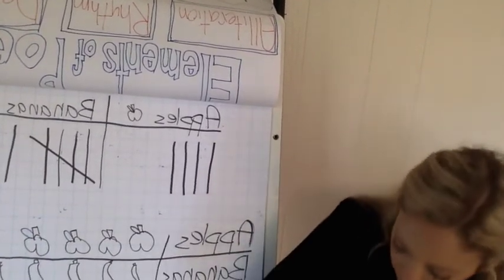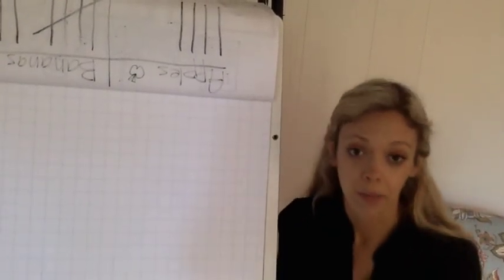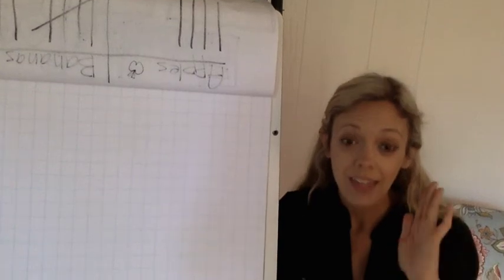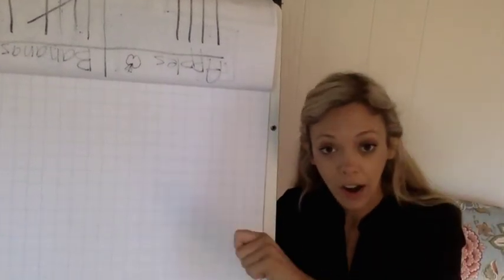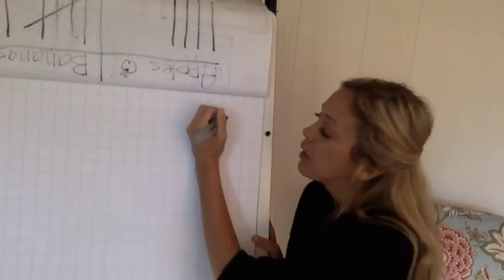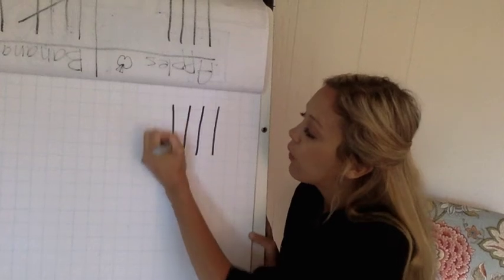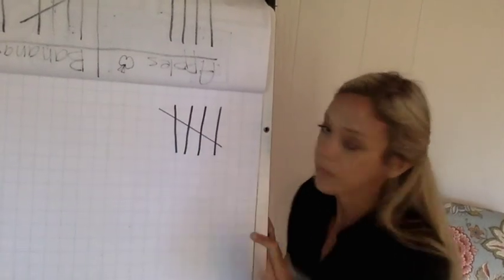Let's practice making tally marks. Just like we saw when we make tally marks, when we get to the 5th tally mark, we write across the other 4, just like this. 1, 2, 3, 4, 5.